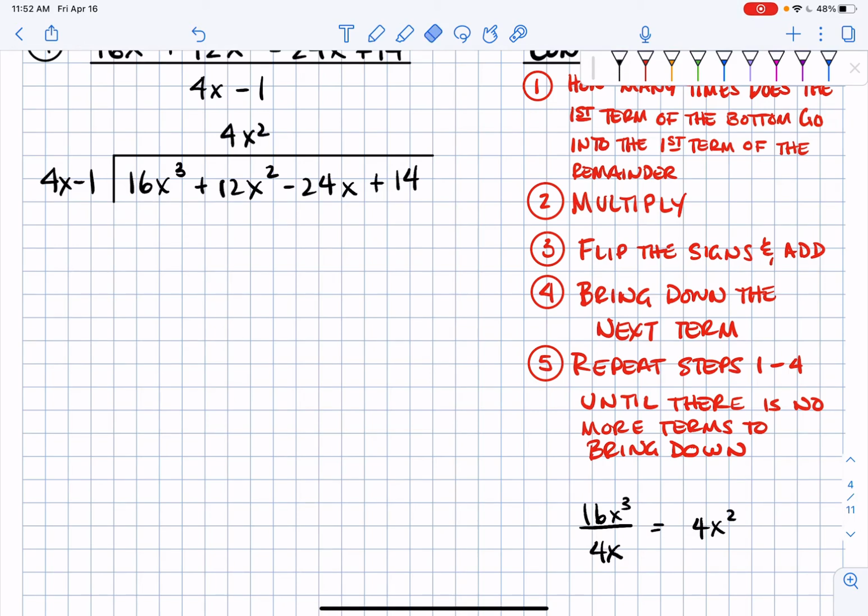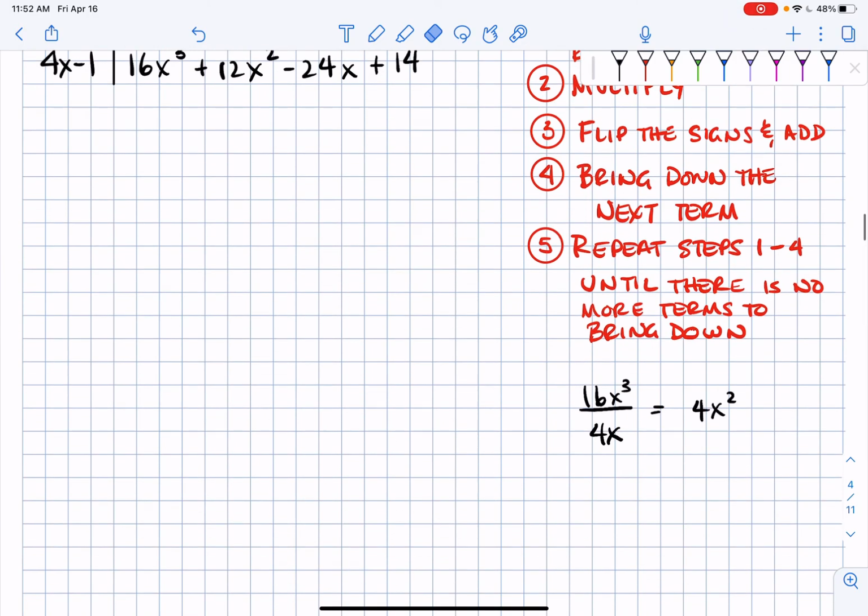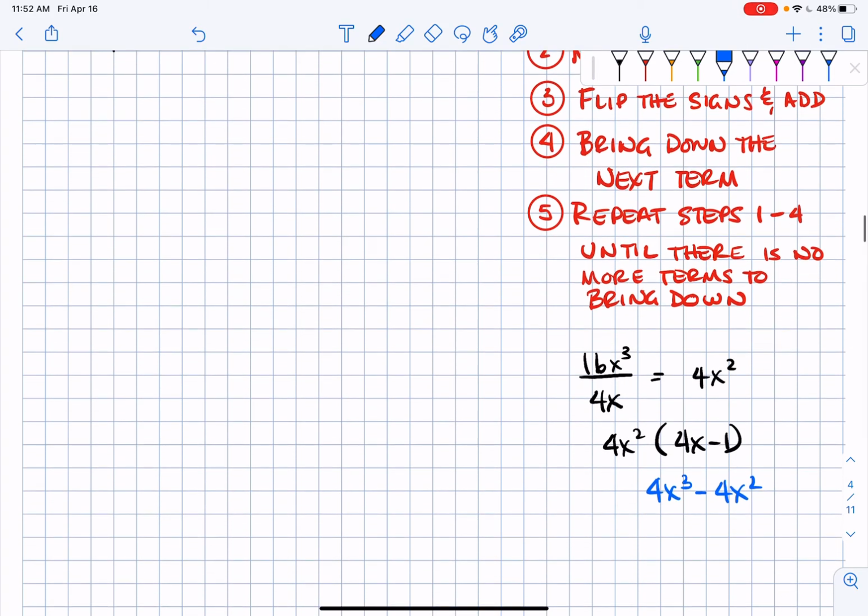So from there, we're going to take that 4x squared, and we're going to multiply by that 4x minus 1. And we would get a 4x to the third minus a 4x squared. I'm sorry, 16. There we go.